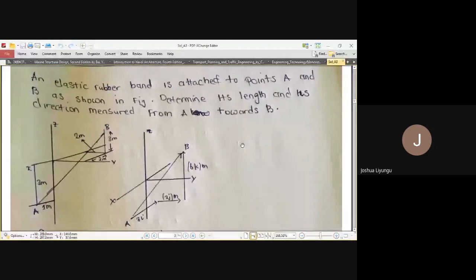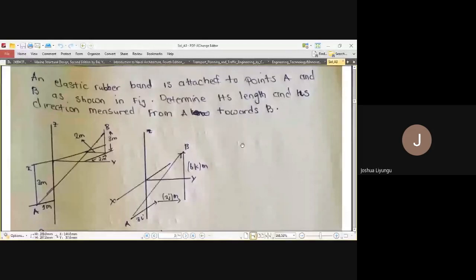So the first thing, you get the coordinates at A and the coordinates at B. Subtract your B's I, J, and K minus those at A. Once you do that, you determine the magnitude, which is the square root of those components.